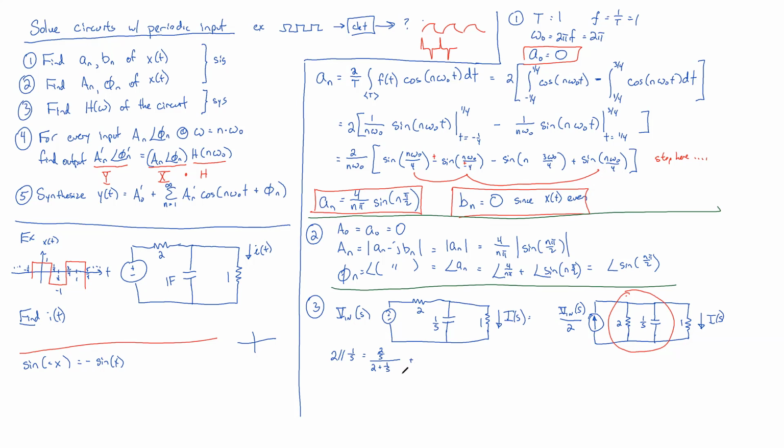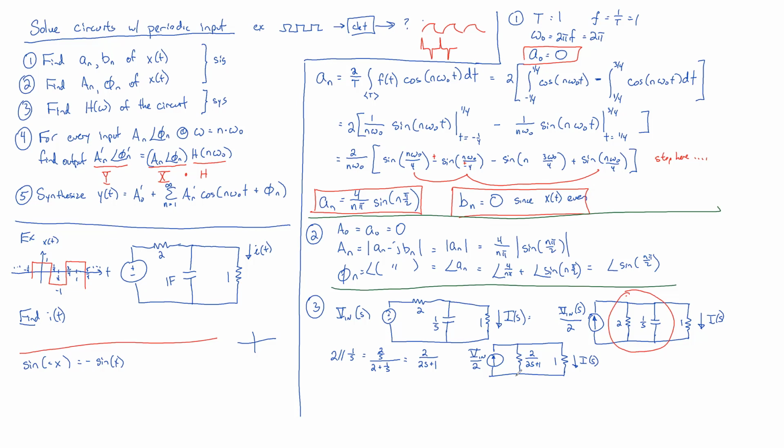I don't like this compound fraction, so I'll multiply top and bottom by s to get rid of it. And now I've got my new circuit. And now it's just a current divider.